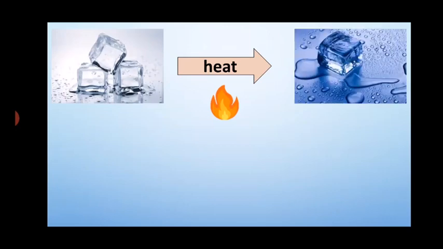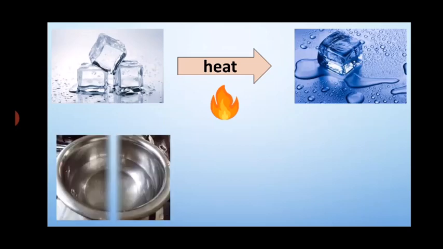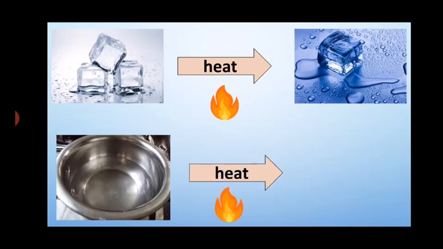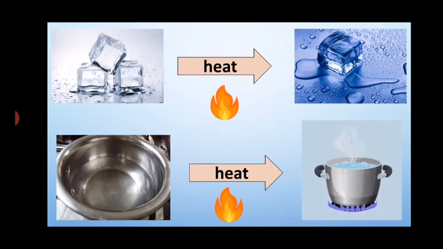What happens is it melts to become water. Can you see here? And the same water, if you collect it in a pan and again you heat it on a gas or on a stove or on a burner, you will see that it starts becoming vapor.